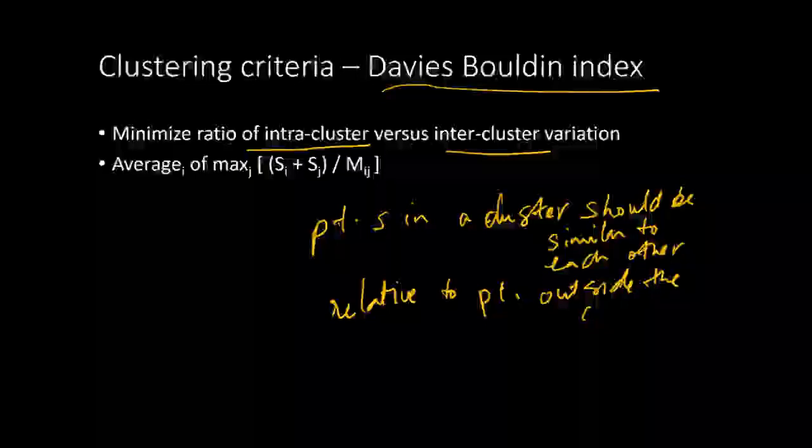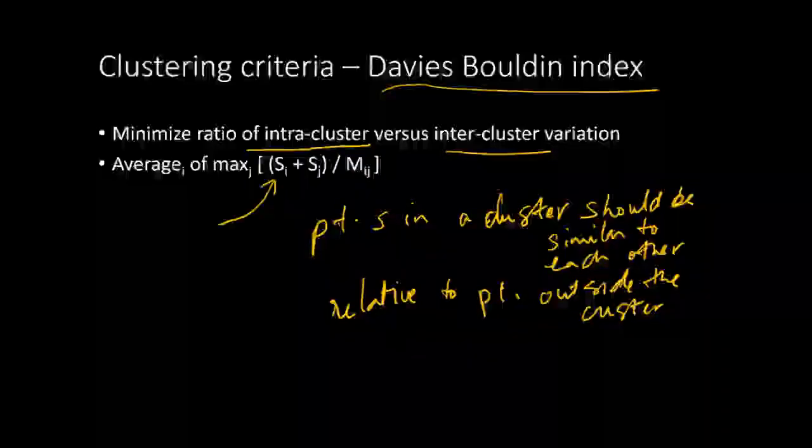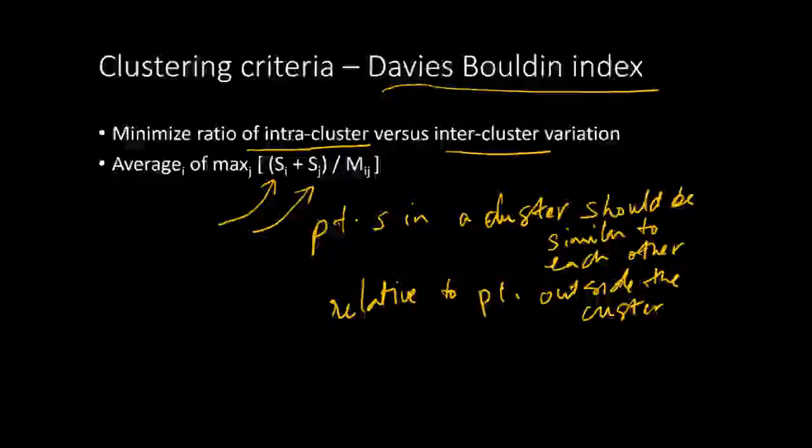For this we will look at the variance in cluster I and variance in cluster J. We will take their average, or we'll take their sum, and we will take its ratio with the variance if we take all the points together for the two clusters. We'll take that ratio.